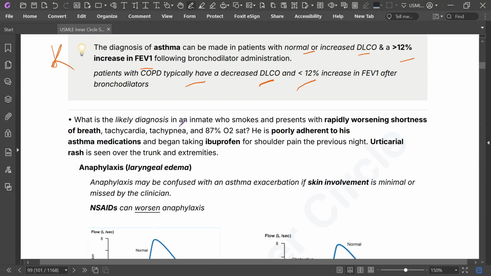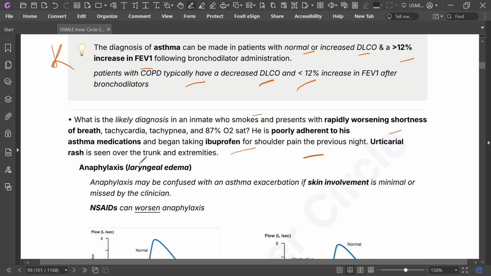What is the likely diagnosis in an inmate who smokes? The inmate presents with rapidly worsening shortness of breath, tachycardia, and tachypnea. O2 saturation is 87%. He is poorly adherent to his asthma medication and began taking ibuprofen for shoulder pain the previous night.